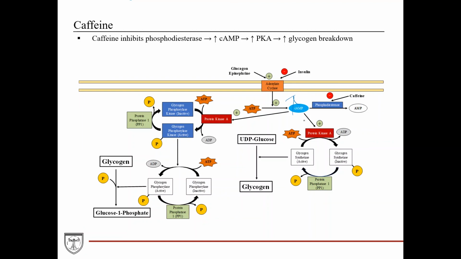So you increase cyclic AMP, still maintain increased activation of protein kinase A here and here. And if you remember, protein kinase A inhibits glycogen synthetase, which inhibits glycogen synthesis. On the flip side, it activates glycogen phosphorylase kinase, which then activates glycogen phosphorylase, which activates glycogen breakdown, as we say here. So end goal, caffeine helps stimulate glycogen breakdown.